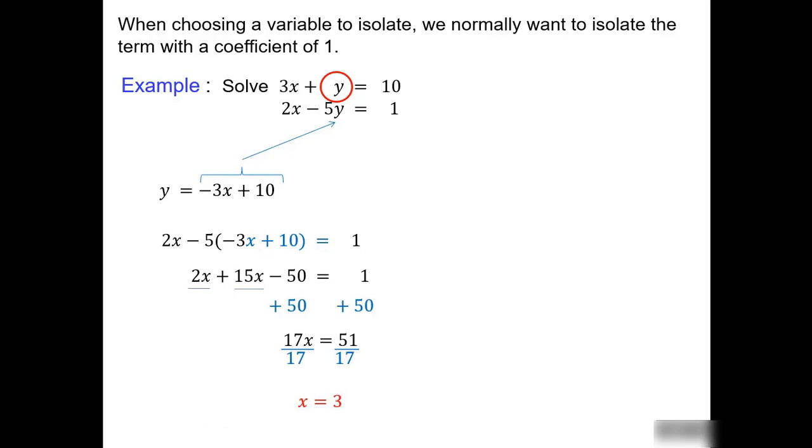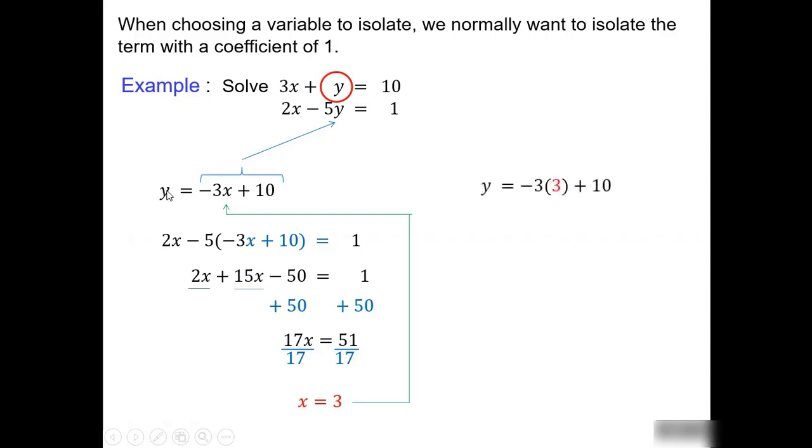But again, that's only half of our answer. We want to now find the y coordinate, which is why we could plug x into this equation, or we could plug x equals 3 into this equation. But it's actually best to plug it into this equation here, since y is already alone.